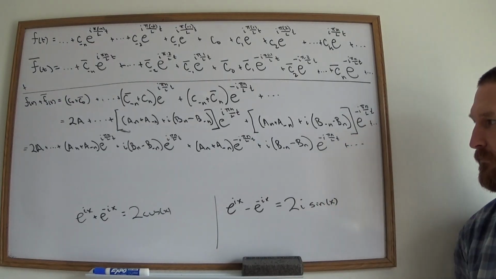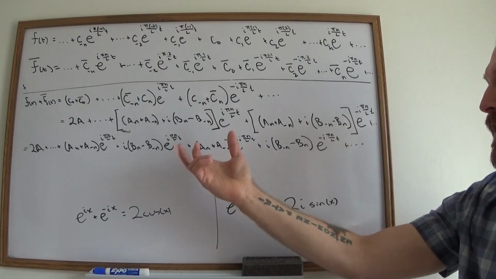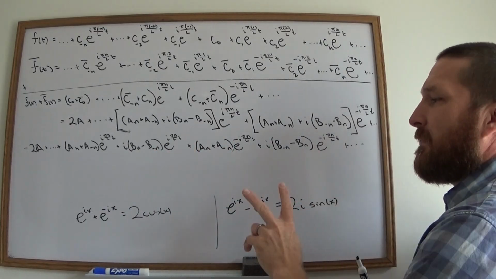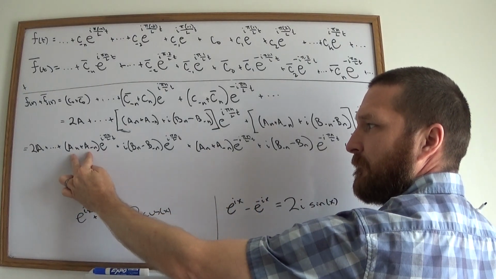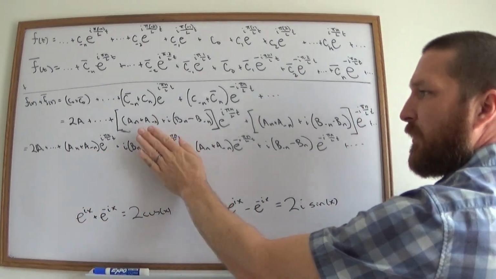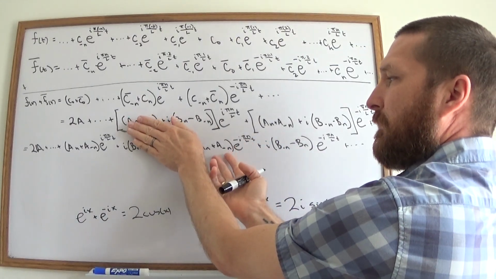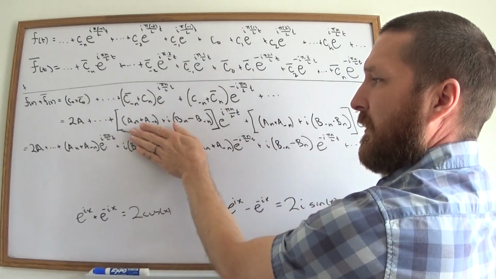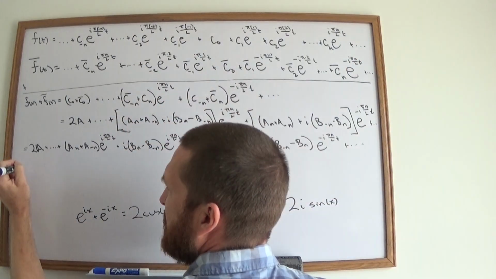Now, because I know this nifty fact, that's going to motivate me to go, wait a minute. This is the same thing, right? In fact, pretend he's not there. We could pull the a n plus a negative n out of there, can't we? And what would be left? Let's see.